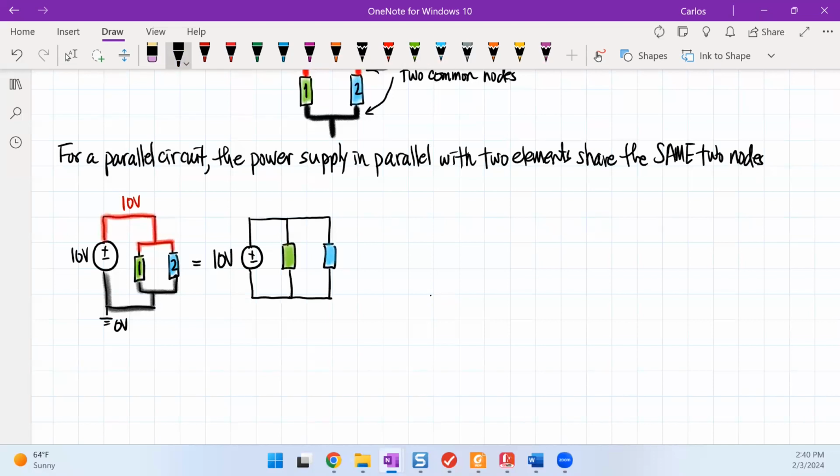And you can tell that these two circuits are the same by just drawing the nodes. So these guys are exactly the same.